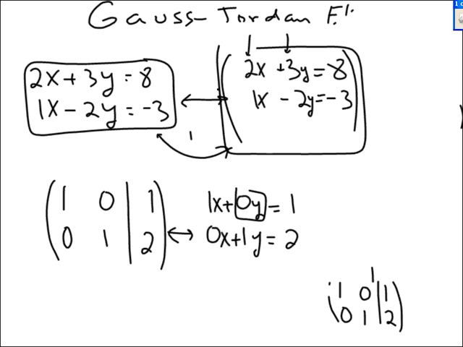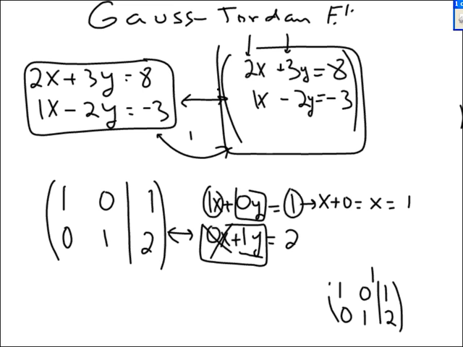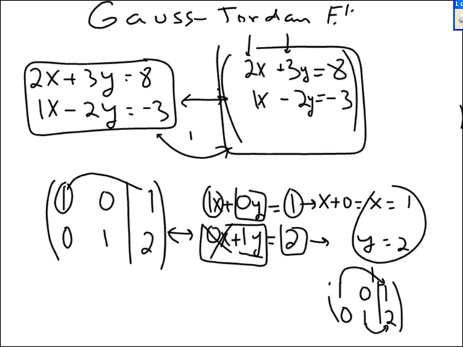But 0y is 0. 1 times x is x. x plus 0, that's just x. And it equals 1. 0x's are 0. Add 1y, you get 1y. But 1y is just y. This is just y. And it equals 2. And there is your answer. 1x equals 1. 1y equals 2. 1x equals that number. 1y equals that number.